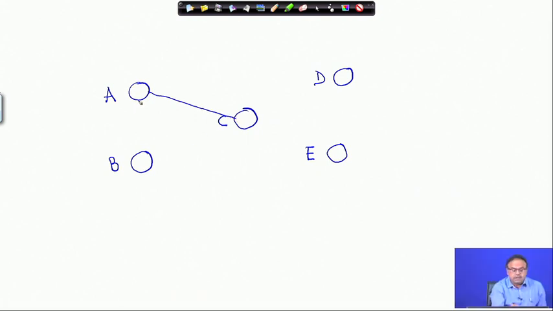Let us now move to another type of problem. Say, I have got a number of places, let us name the places A, B, C, D, E. Now, suppose these are some cities, and we have got direct paths among some cities, and there is no direct path among some cities.